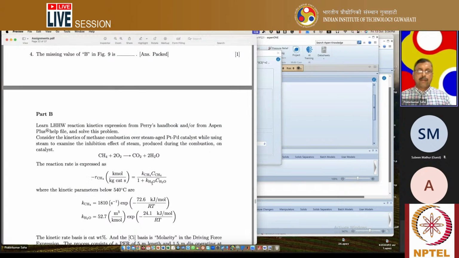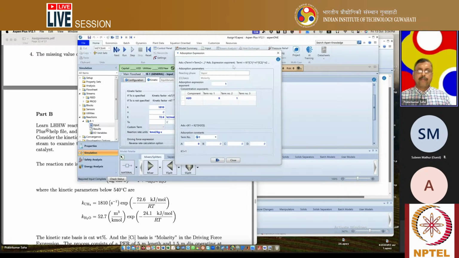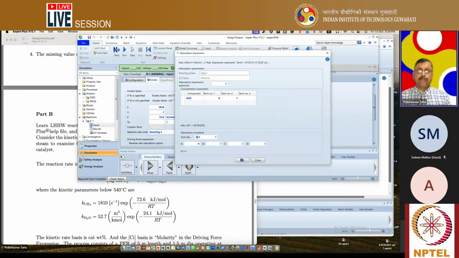Adsorption is the second part, right? H2 is the term 2, not term 1. Term 1, term 2. So term 1, yeah, that's okay. But why have you not given the second term?